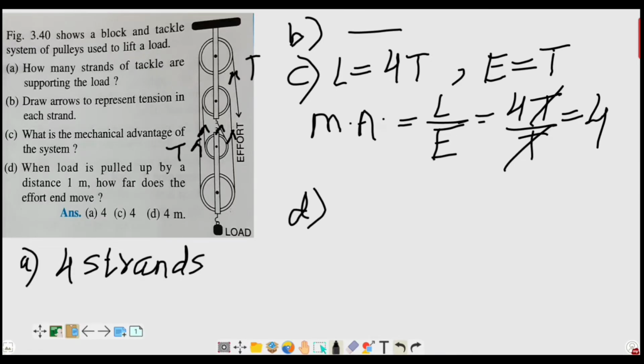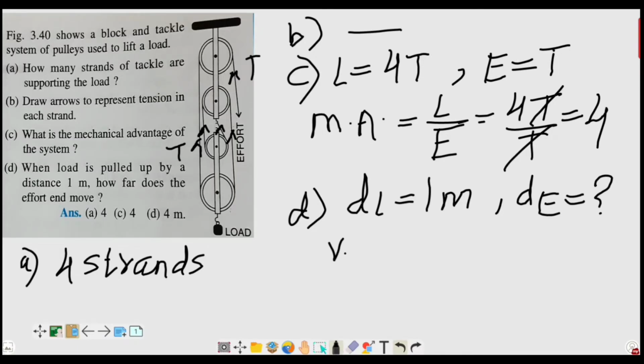When load is pulled up by distance 1 meter, so displacement of load is given 1 meter. How far does the effort end move? It means you are asked to find displacement of effort. In block and tackle system, velocity ratio indicates the number of pulleys used.